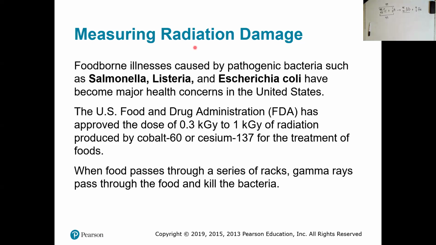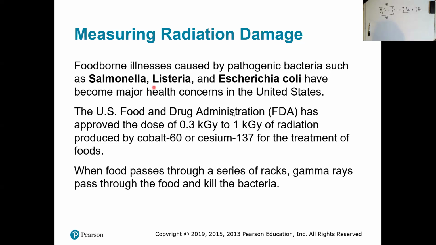But understand that all radiation is not necessarily going to be harmful radiation. You have things like Salmonella, Listeria, E. coli, bacteria that can pass along in food that you purchase, especially when you're thinking about the bulk way that we move and store food going into grocery stores and fast food places.